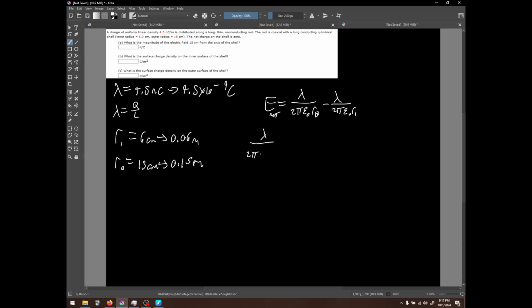The 2 pi and lambdas cross out, and we're left with 1 over R0 equals 1 over Ri. Cross multiply, it's going to be Ri equals R0. Wait a second, that doesn't make sense.